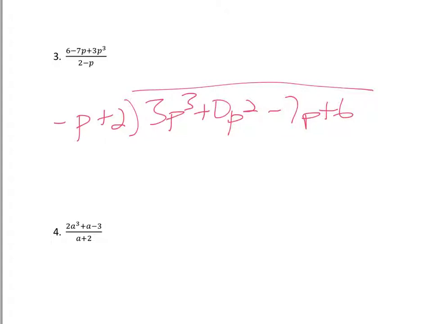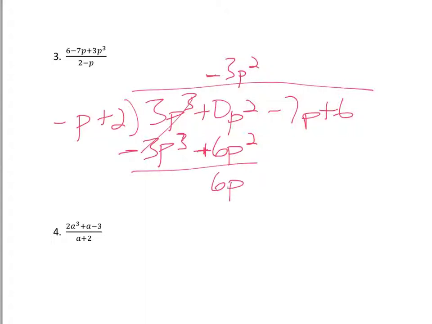So we need to multiply this by negative 3p squared, because negative 3p squared times negative p plus 2 is going to give us positive 3p cubed minus 6p squared. Okay, remember we're subtracting here, so change these signs. And these cancel out. That's good news for us. 6p squared is what we're left with. And we bring down the minus 7p.